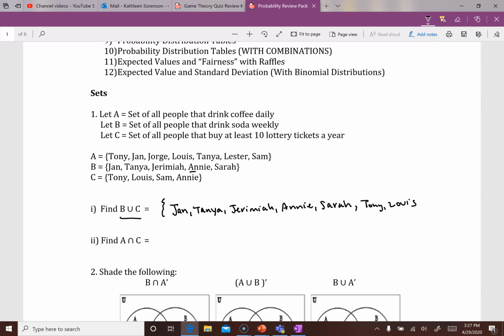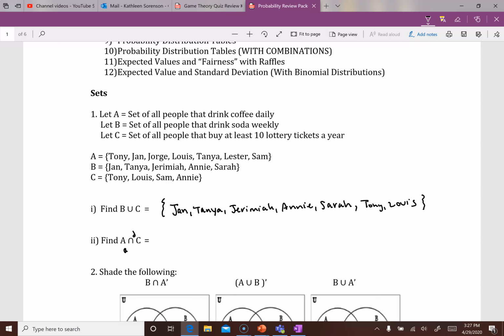And notice how it has Annie and Sarah, and we already have Annie and Sarah in there, so we don't need to write it twice, we're just going to keep it in there once.